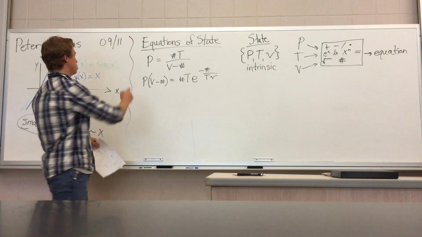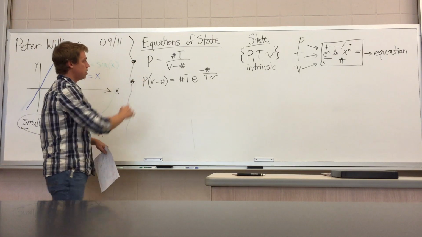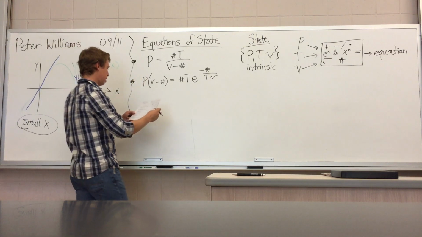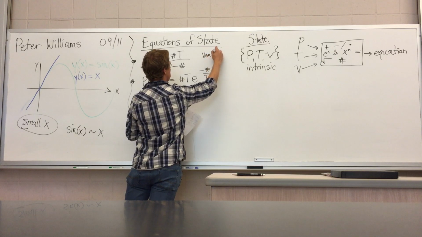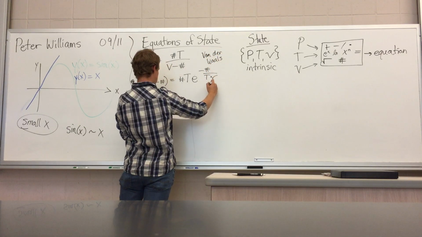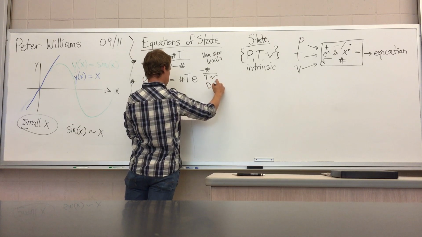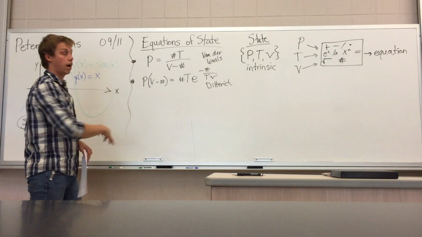Okay, so this is one, and these have names. So this one right here is the van der Waals equation. This right here is the Dirichlet equation. And there are tons more, an infinite number.